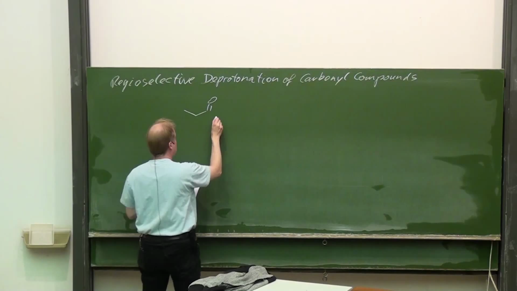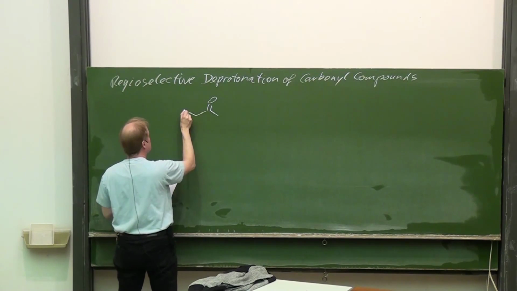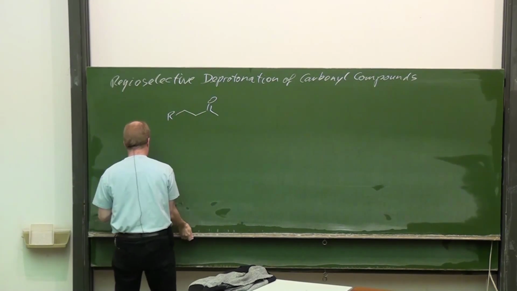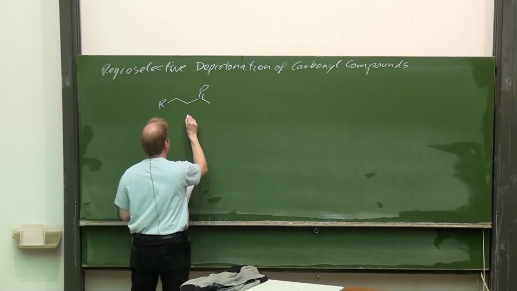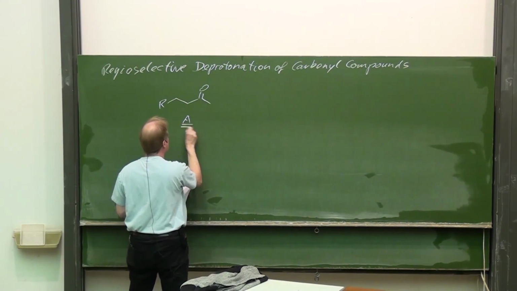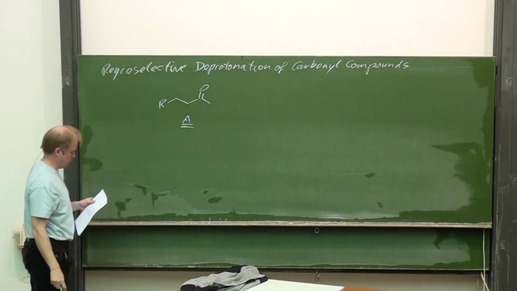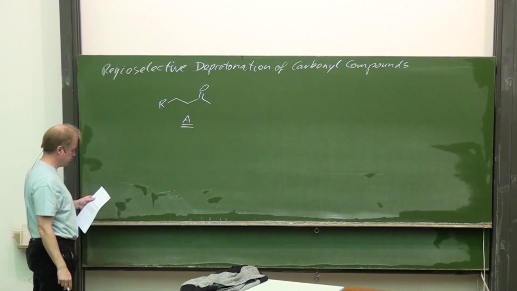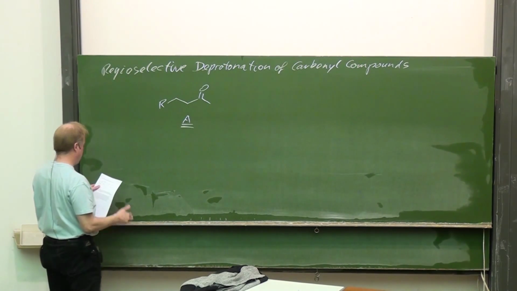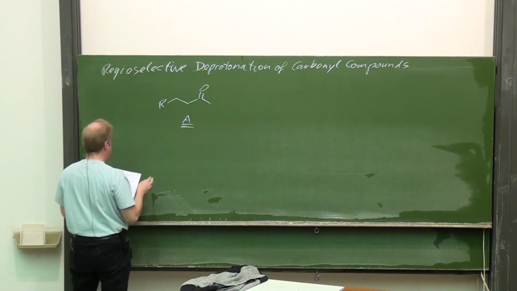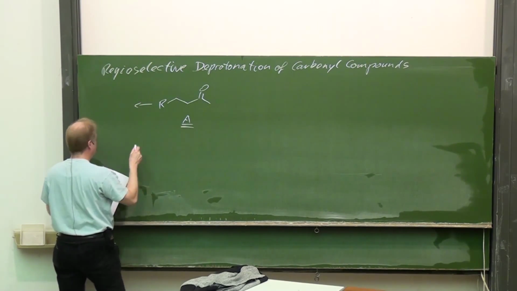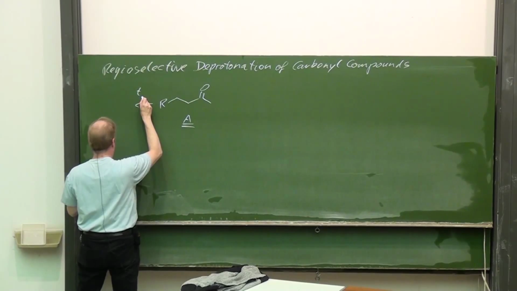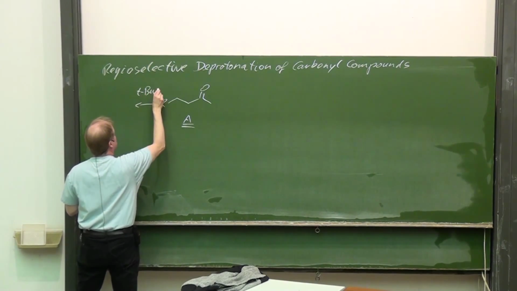Well, if we have a ketone like this, let's call it the starting material A, and we treat it with potassium t-butoxide.